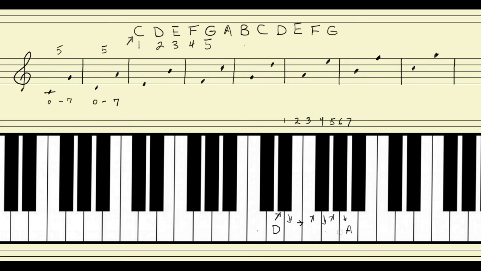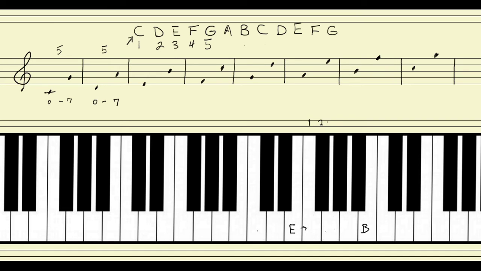Let's try E to B. Now that we sort of know this technique, I'm just going to go a little bit faster here. So here's E, marking out my starting note, to B. E to F is 1. F to F sharp is 2.